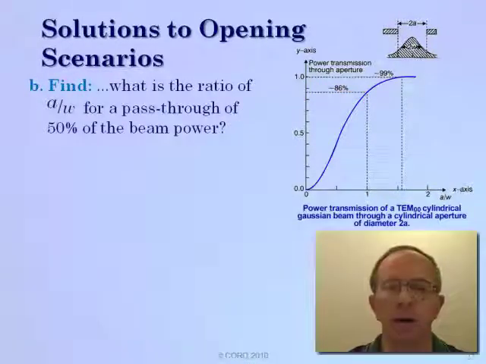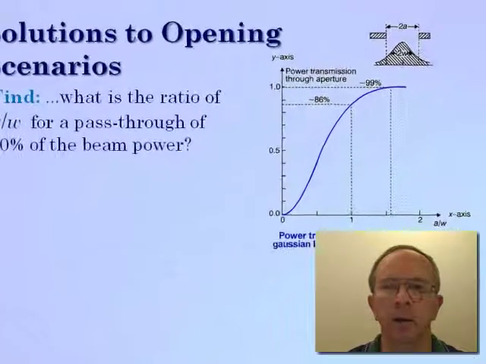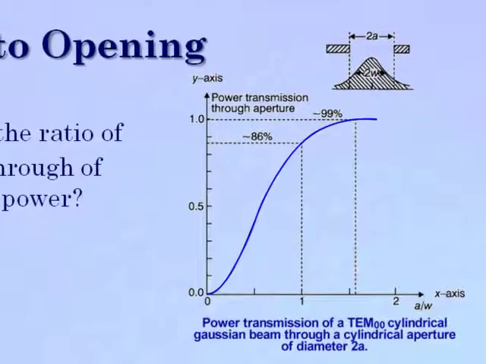Now the next part of this question asks, what is the ratio for a pass-through of 50% of the beam power? In other words, what will be the proportion of A to W when half of the power is blocked by that aperture?